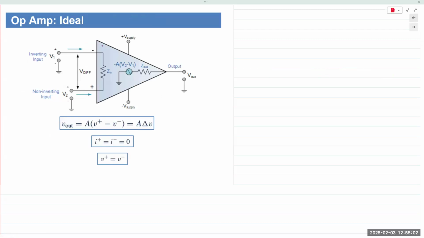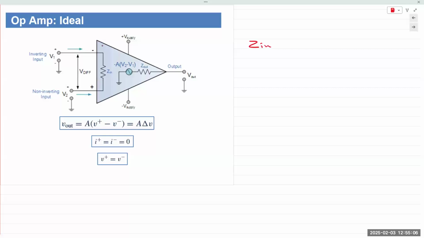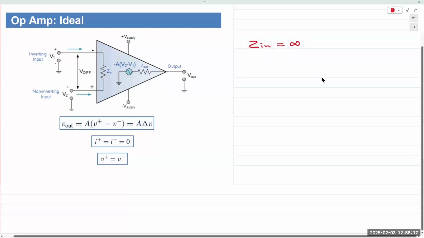So at the input side, we can say Zin is infinity between the two terminals. And at the output side, we have the gain that is infinite.